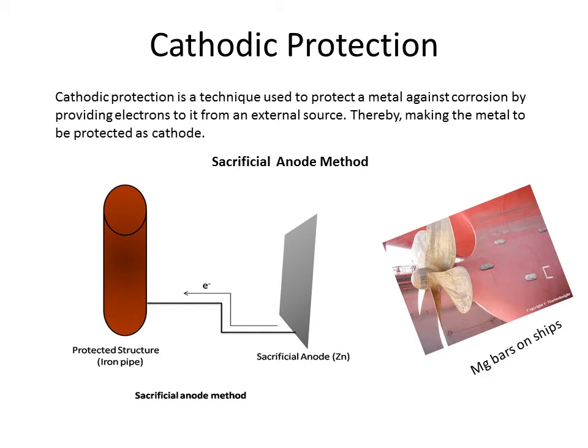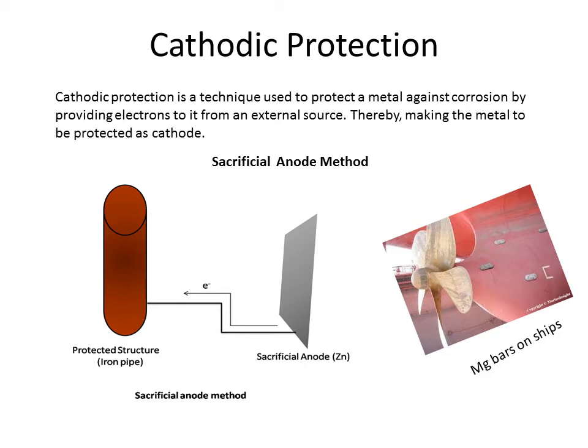That is, instead of making the metal give out electrons, we have to make it accept electrons. If it accepts electrons, then it will act as a cathode and it will remain unaffected. This is the principle of cathodic protection.